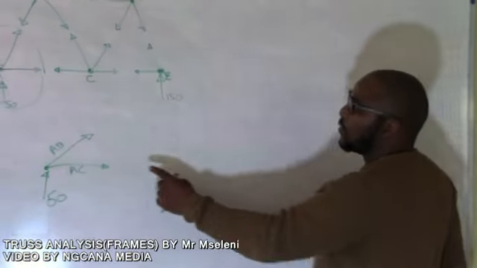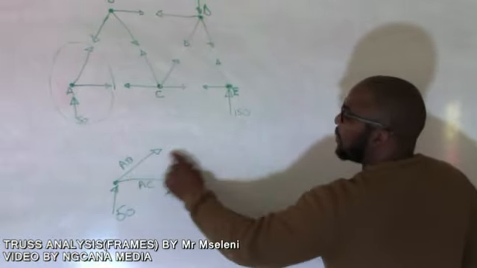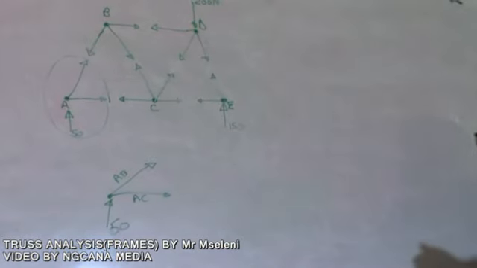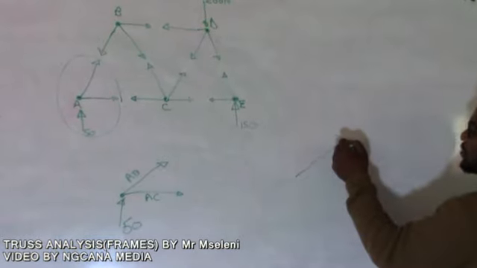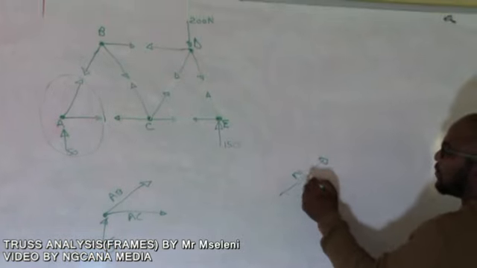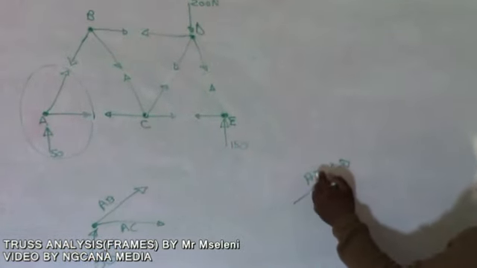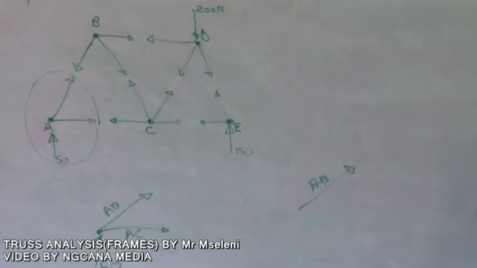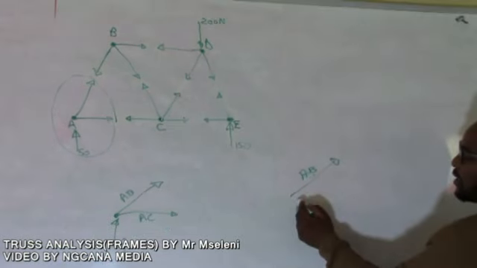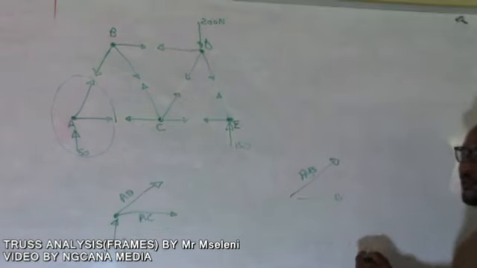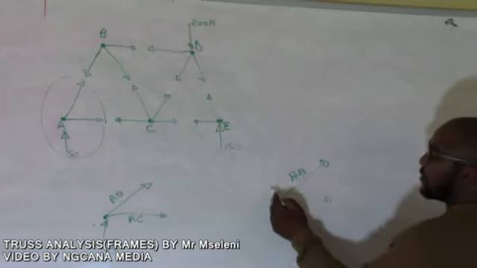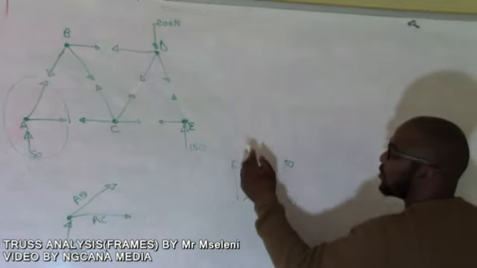Therefore, we're going to break the member AB into its components. If you check, AB is going this way, therefore you can break your member AB into its components. You're going to have a component going to the right, and a component going up.